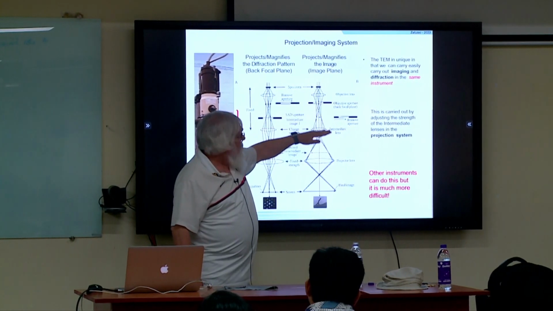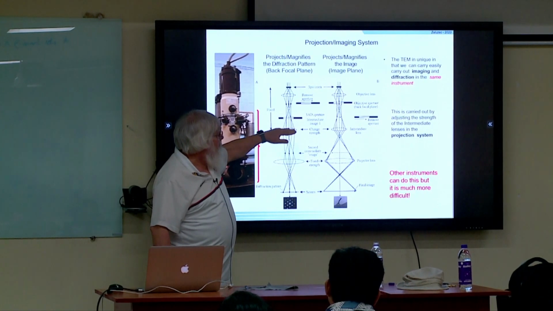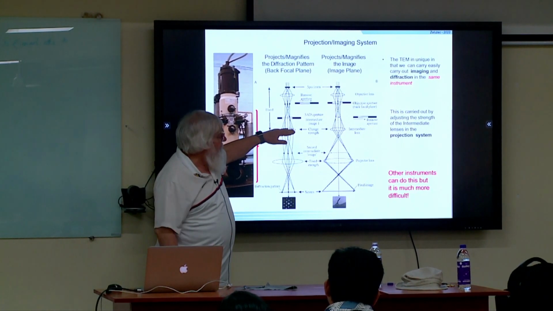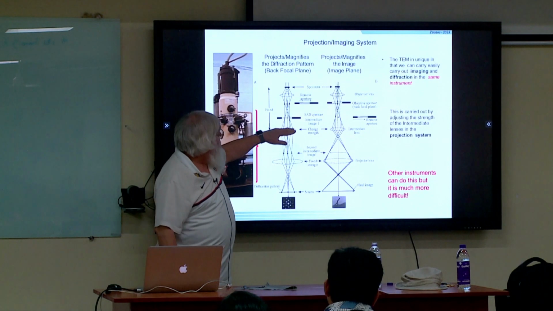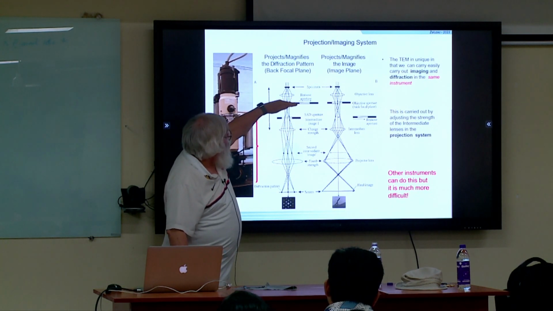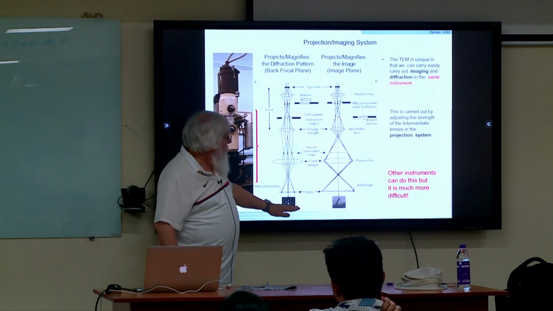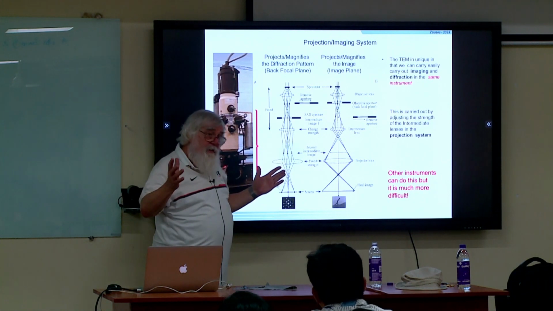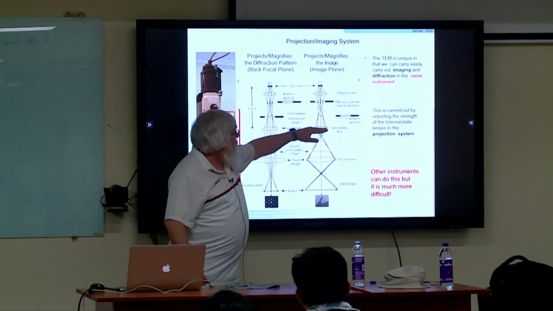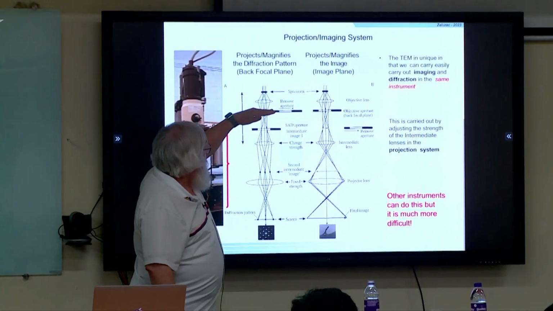Objective lens doesn't change. When I want to get a diffraction pattern, all I do is I change the strength of this lens, the intermediate lens, or it's sometimes called the diffraction lens, and instead of looking at the image plane, I look at the diffraction plane. Okay? And now I have a diffraction pattern there. If I want to magnify something, I don't adjust this lens, because this lens is looking either at the image or the diffraction pattern.